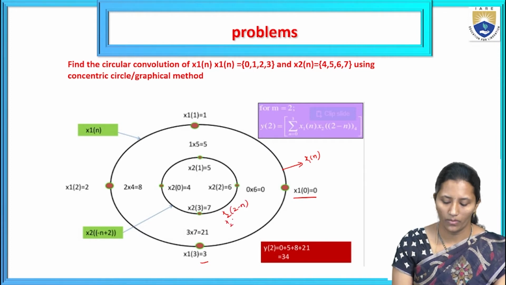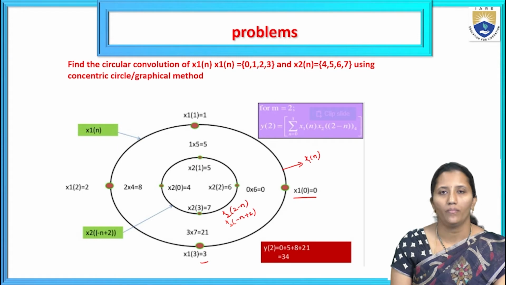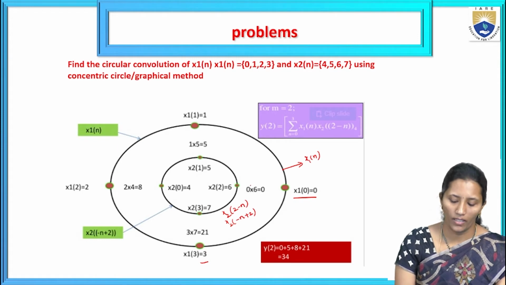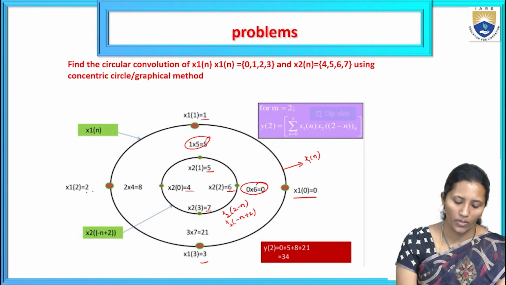That is nothing but x2 of minus n plus 2 also. So here after rotating we are getting 6, 5, 4, 7. The corresponding amplitudes will be multiplied here. 1 into 5, 5. 2 into 4, 8. And 3 into 7, 21.